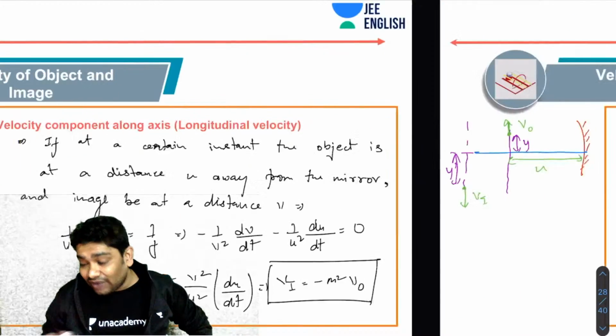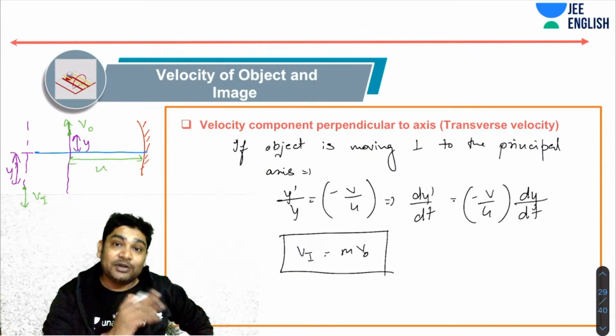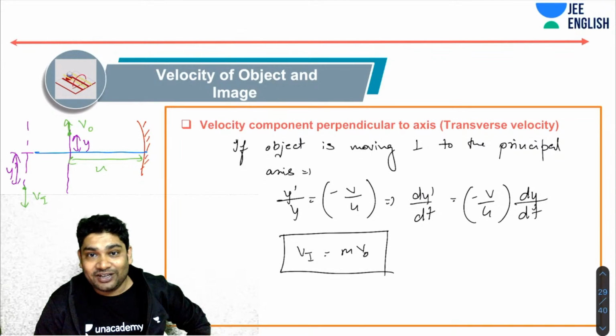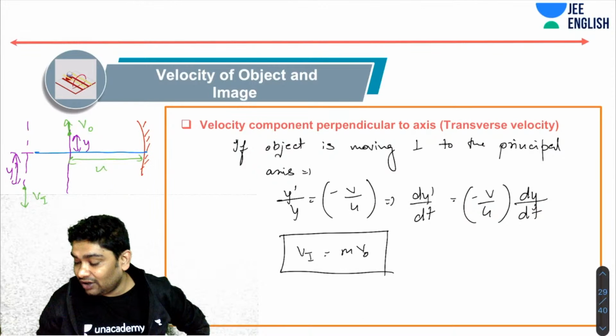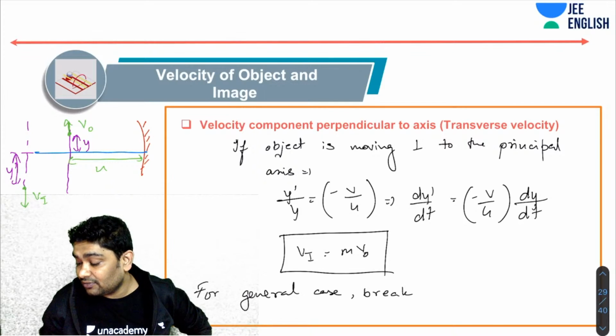Now you realize if you have any general case, then you can find the two components of the velocities and find the final velocity of the object. Now for a general case, break the velocity vector, the VO vector, into two components.